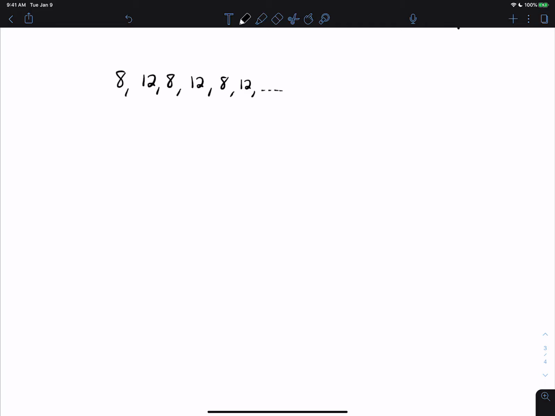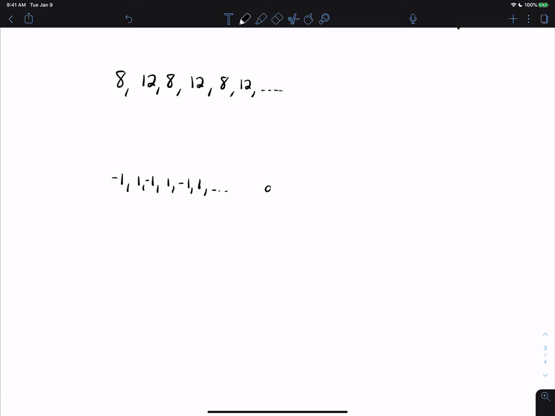And since the smaller number is 8, we're going to make the -1s correspond to 8, and then +1s correspond to 12. So let's start with the sequence -1, 1, -1, 1, -1, 1. And we're going to try to make that into 8, 12, 8, 12.